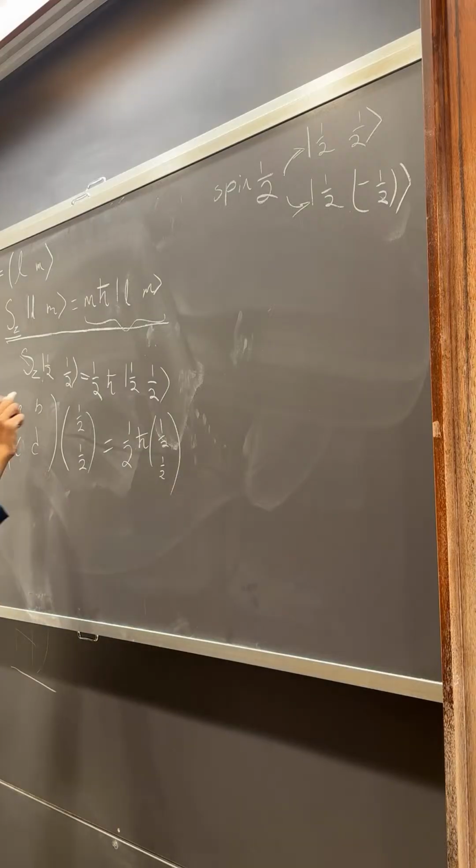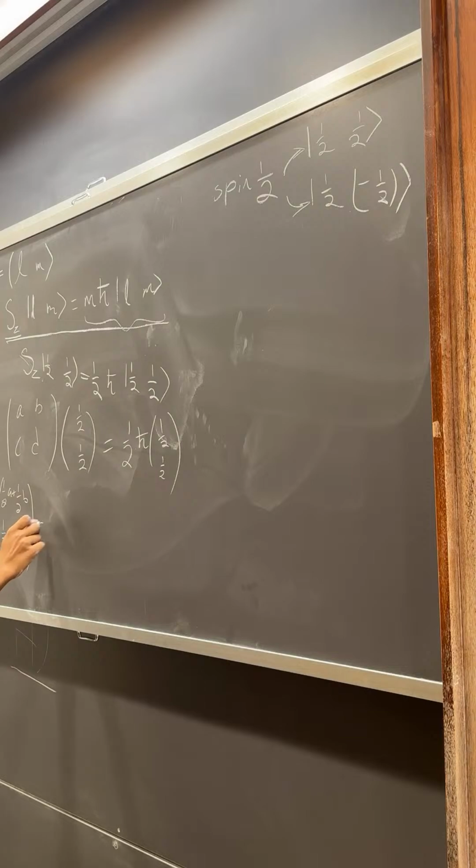And of course, since you're multiplying this way, you get that the first element of the new vector formed is half a plus half b, and the second element is half c plus half d.